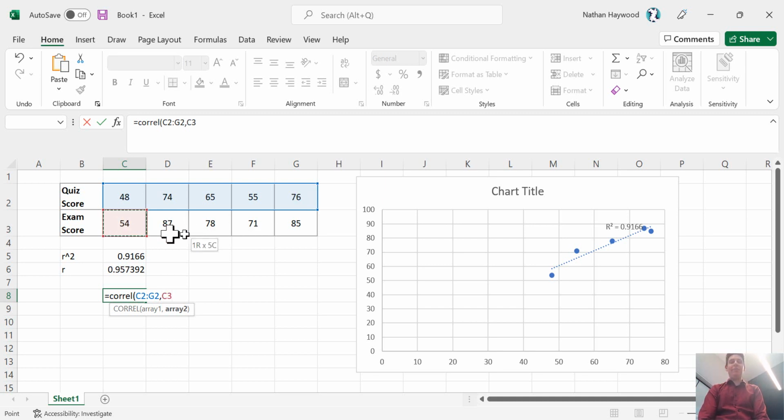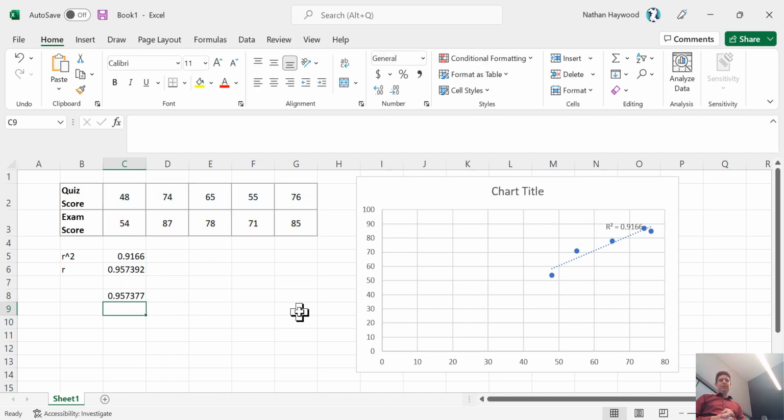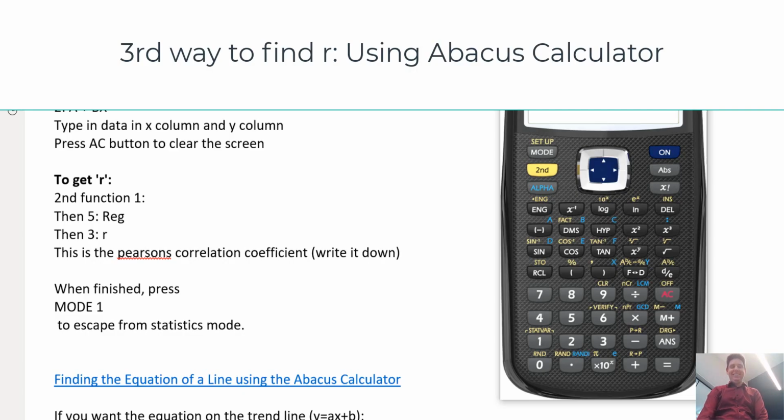Select the second group of data. Close the bracket or enter, either works. Did you get a different number? Slightly different at the 5th decimal place. So this is the correct Pearson's correlation coefficient.